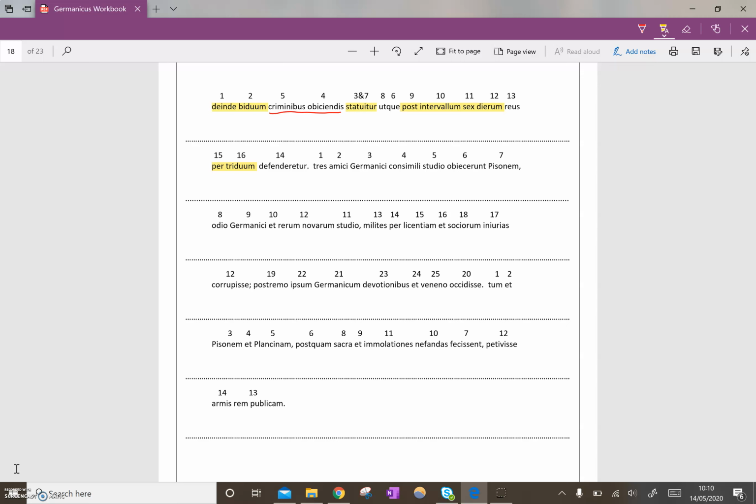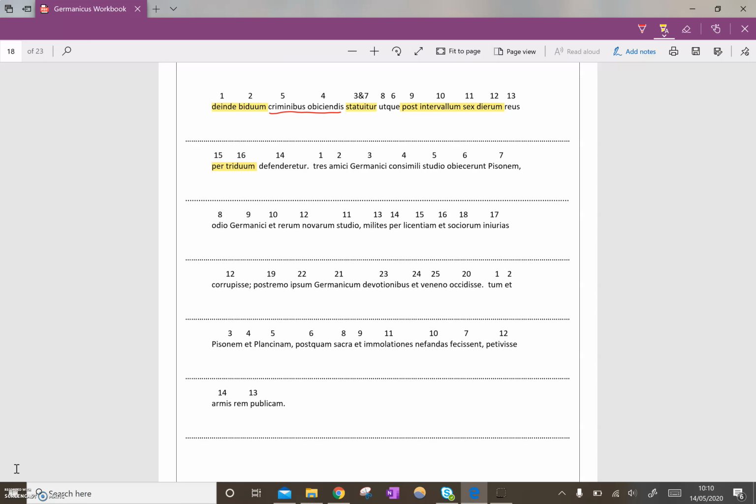Then we go back to the ut. Now, usually we translate ut as to. We'll have talked about this when we've revised the subjunctive. But that would mean, reus means the defendant, and defenderator is to defend himself. But we're not going to say to the defendant to defend himself. So we're going to translate ut as for instead.